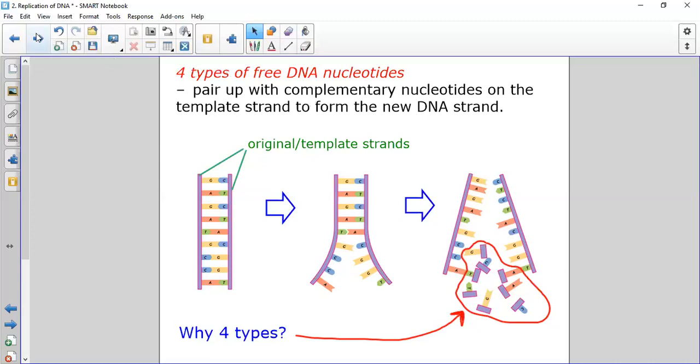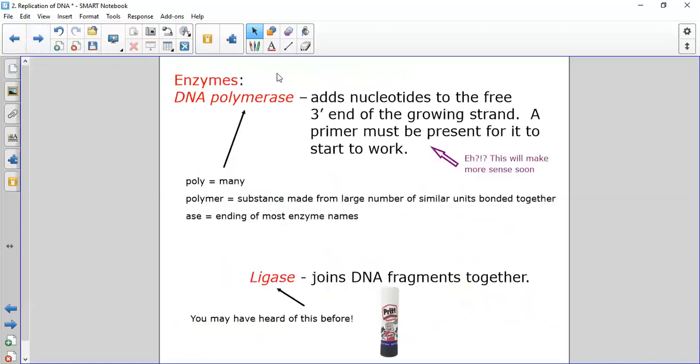We need enzymes. Now, there are lots of enzymes involved in DNA replication, but thankfully, you only need to know about 2 of them. So we've got one called DNA polymerase. Now, the word poly means many.